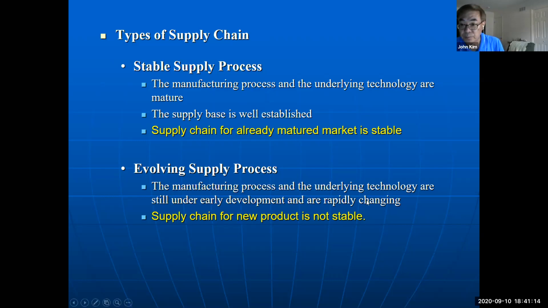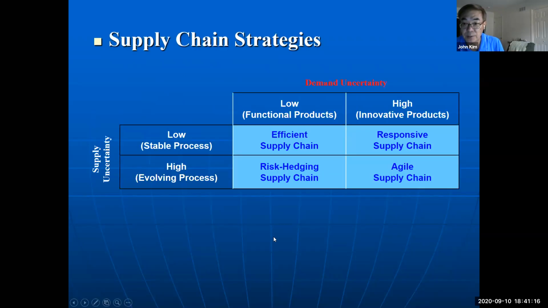So from this figure chart, demand side uncertainty: functional products and innovative products. For functional products, there is always demand because people use that product every day, and they need it every day.